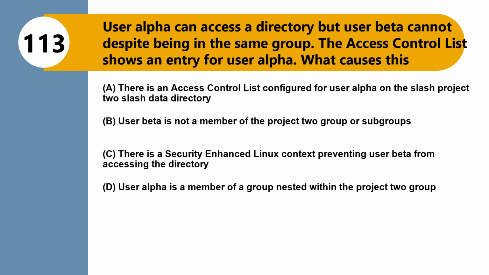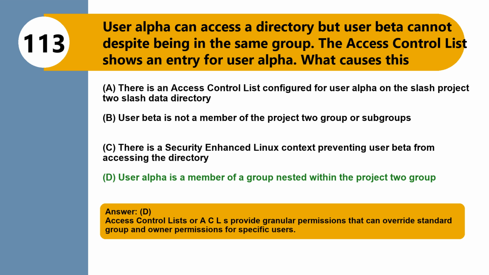Option C, there is a Security-Enhanced Linux context preventing user beta from accessing the directory. Option D, user alpha is a member of a group nested within the project2 group. The correct answer is option D. Access control lists, or ACLs, provide granular permissions that can override standard group and owner permissions for specific users.